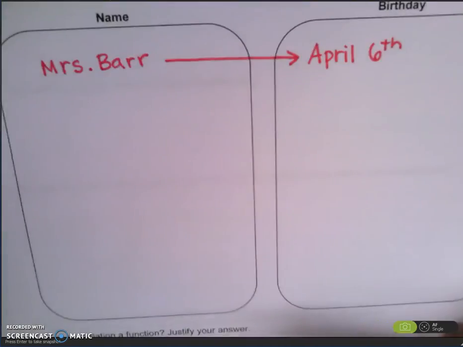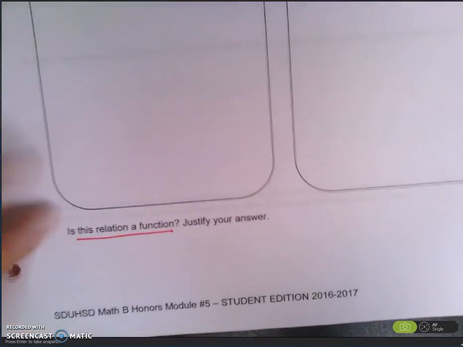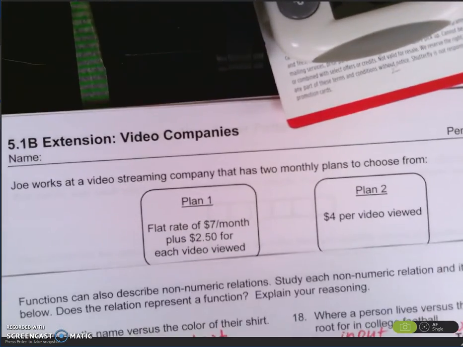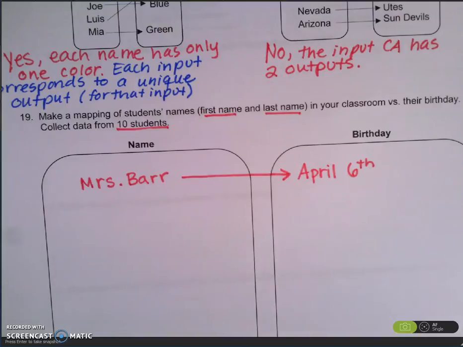So again, 7 minutes to complete, getting 9 more students' names and birthdays, deciding if this relation is a function, and moving on to your extension video companies. Go ahead and please pause the video now and give the students time to finish.